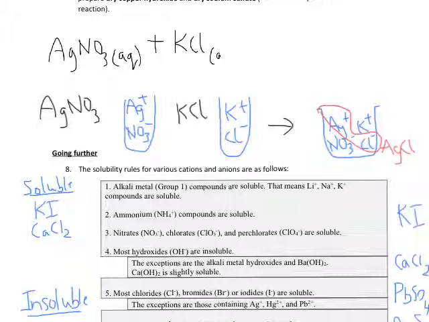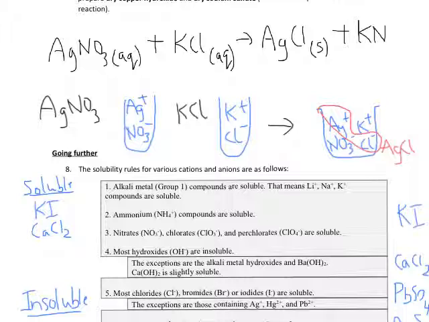When they react together, we produce something that's not dissolved in water, something that's a precipitate, which is my AgCl(s), and then what's left over, which is my potassium nitrate, KNO3(aq), and that is dissolved in water.